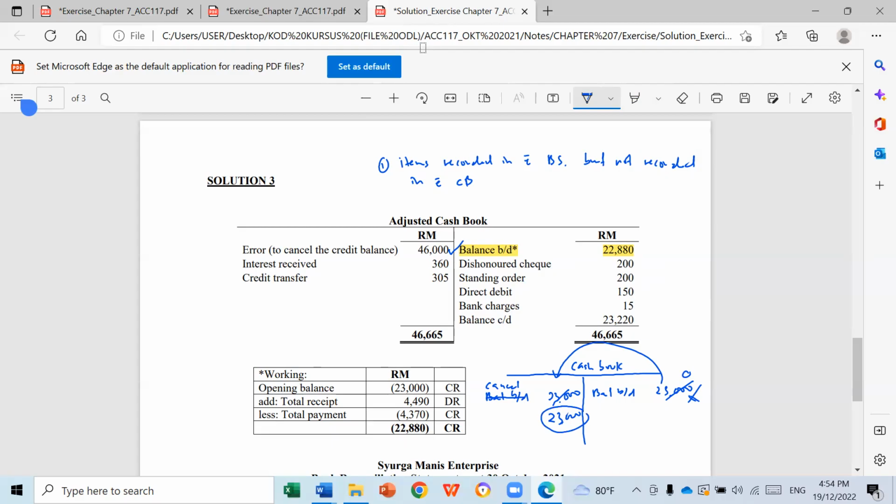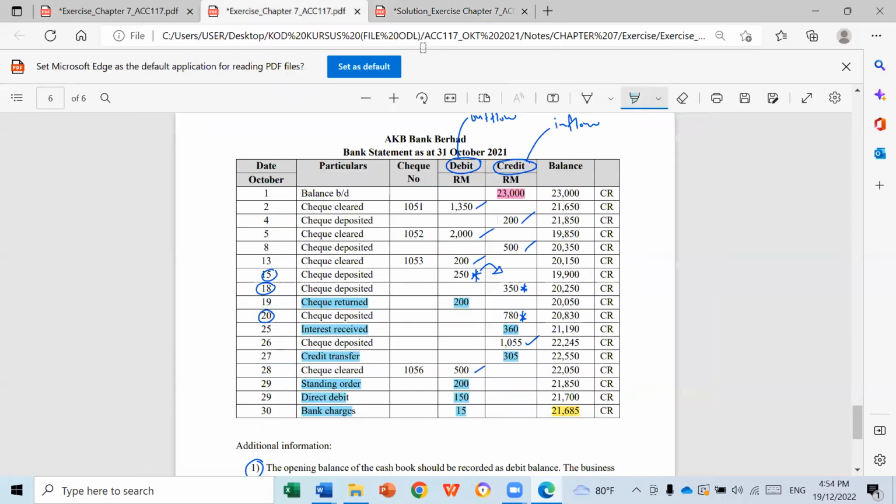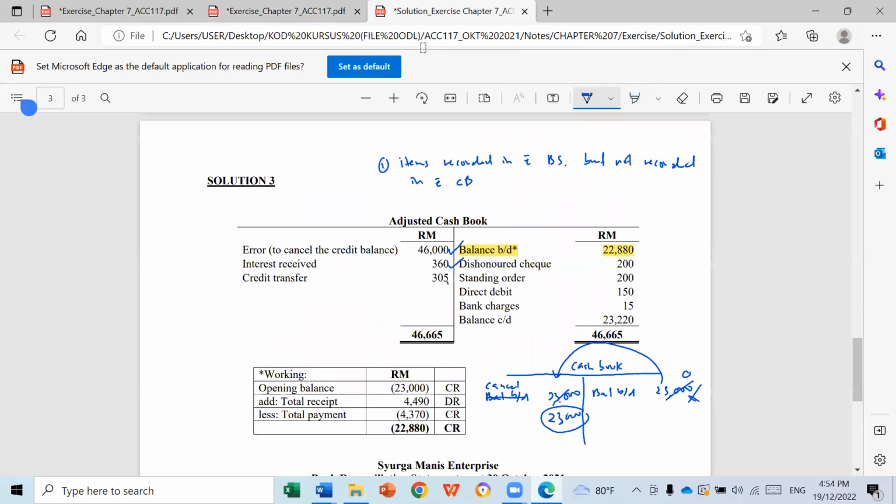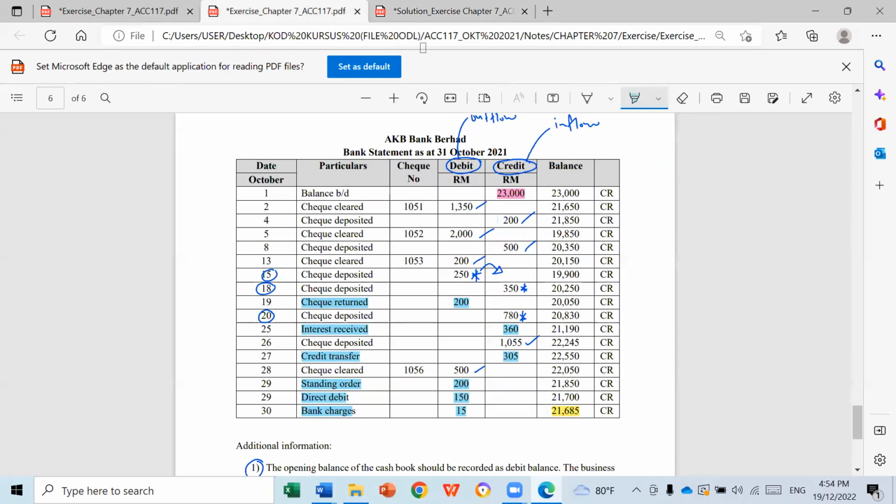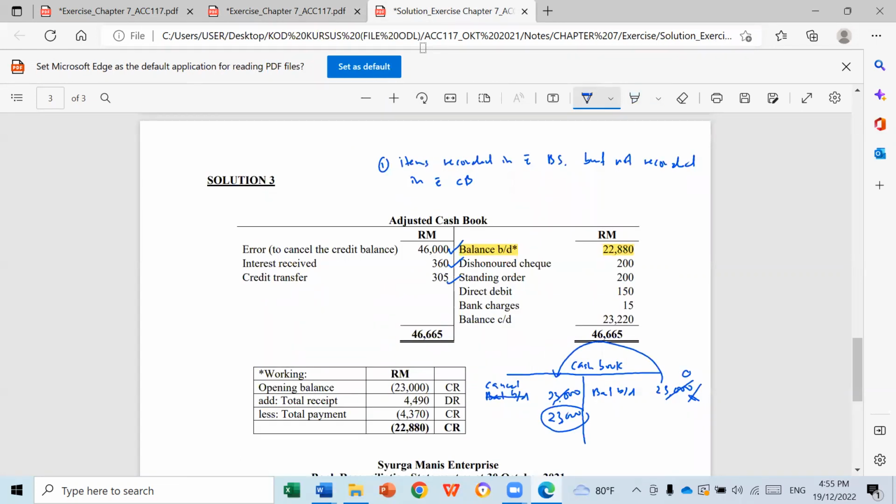Next, remember to record the items not recorded in the cash book but already recorded in the bank statement. We start with the debit side of the cash book, meaning the inflow of cash. We have two items: interest received and credit transfer. The credit side of the adjusted cash book refers to the outflow of cash, which is on the debit side of the bank statement. We have 4 items: check returned or dishonoured check, followed by the standing order, direct debit, and bank charges.